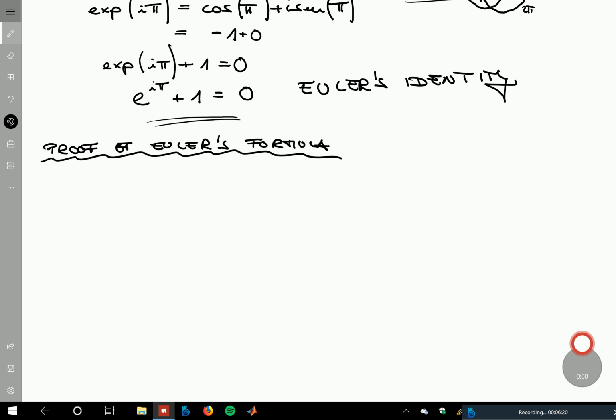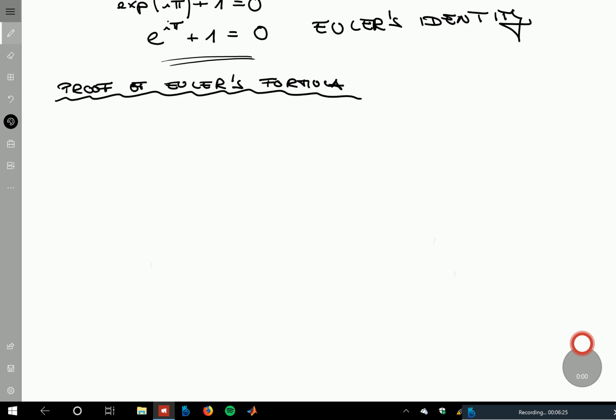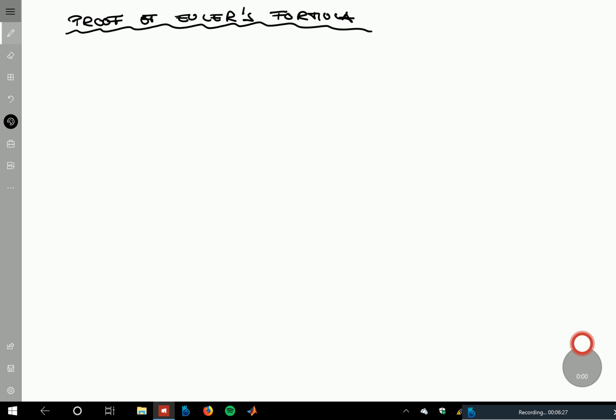The proof just is based on the series representations of the exponential, the cosine, and the sine functions. And if one is happy with these representations, which we've seen also previously, then the proof of Euler's formula is actually quite trivial.